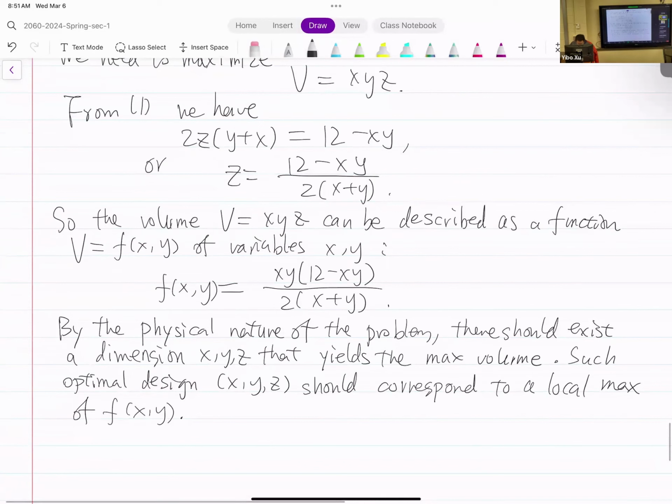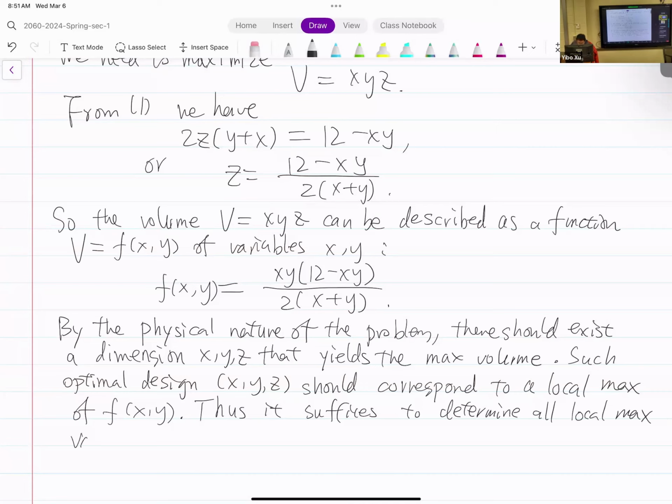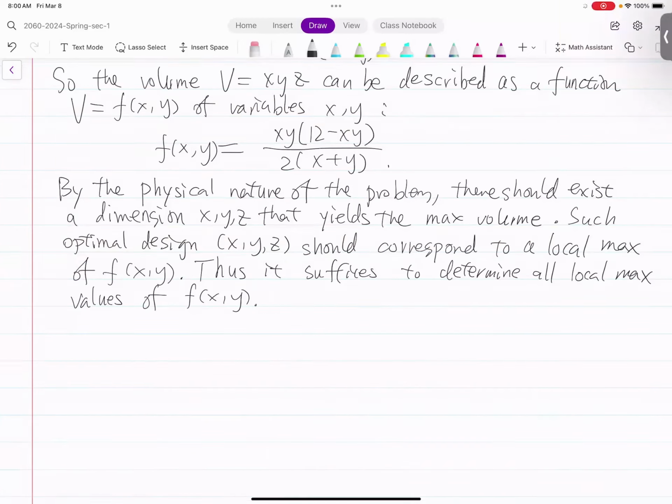The last sentence I want to put before we conclude today's class: thus, it suffices to determine all local max values of our function f of x, y.